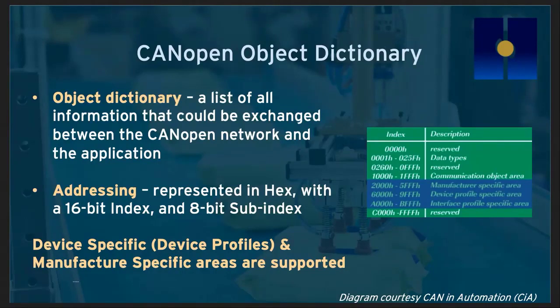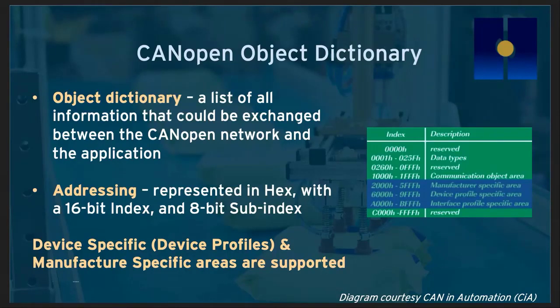That's called a device profile. Really handy, because if you've got drives from different manufacturers, they're basically going to have a memory map that looks almost identical. It's not completely identical because CANopen also supports manufacturer-specific areas. So if a manufacturer wants to do something special or something extra, they can do that. They have an area of memory that they can dedicate to that.